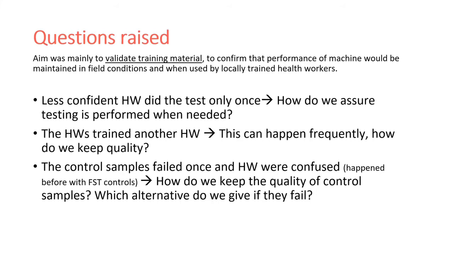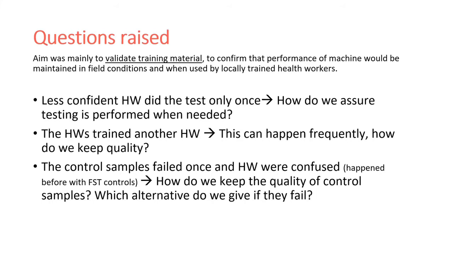And the last thing that we observed is that 1 week the quality control failed, and the health workers were really confused because they didn't know what they should do next. And in fact, this happened even before in the same clinic, but with lab technicians, when we were still using the normal quality control for the fluorescence spot test for G6PD.